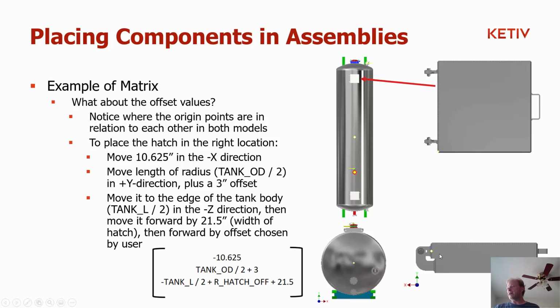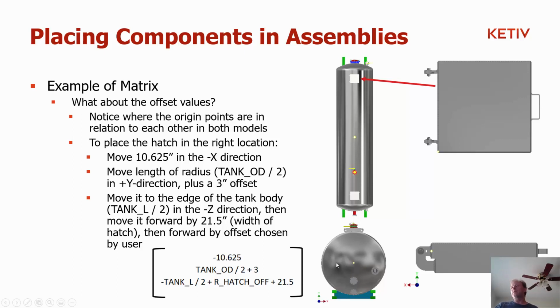Because of where they put the origin inside of this hatch, it would have been a lot easier if the origin were in the middle rather than off to the side. But because they put it on the side, we're actually going to need to move it over in our negative x direction, because remember, we're in the context of the assembly. So I'm going to need to move it over, in this case, 10.625 inches, so that the center of my hatch will line up with the center of my tank.